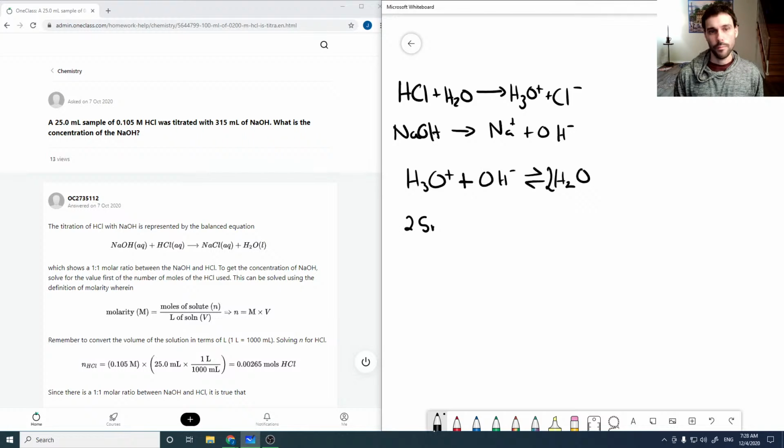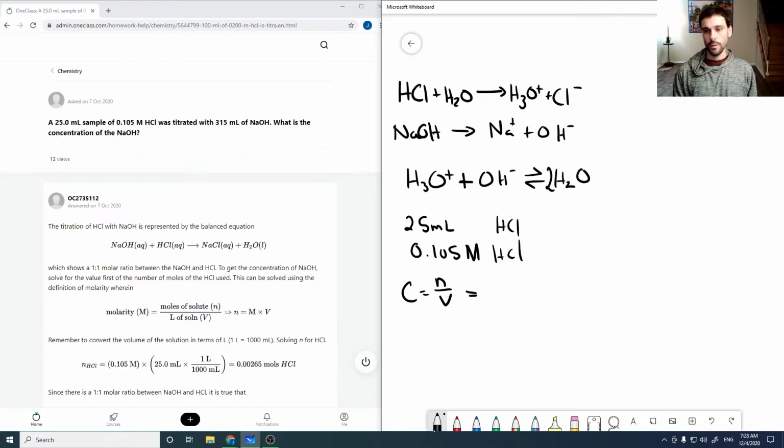So if we've got 25 mL of a 0.105 molar HCl, we can use this to calculate our moles. So remember, our concentration is our moles over volume. So our moles is our concentration times our volume.